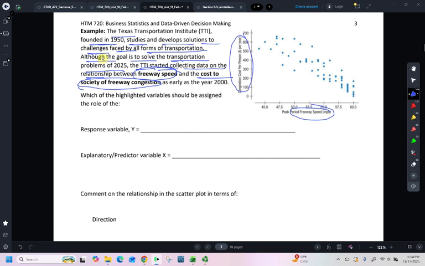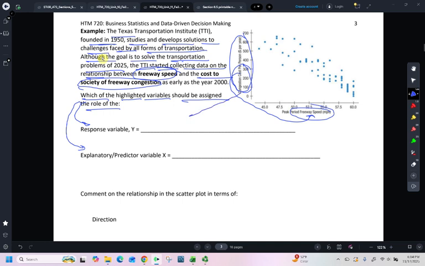So, which of the highlighted variables should be assigned to the role of response variable and explanatory variable? That is, which depends on the other. I would say that what it will cost in the pocket of an individual if they're stuck in traffic would depend on the speed of the freeway.